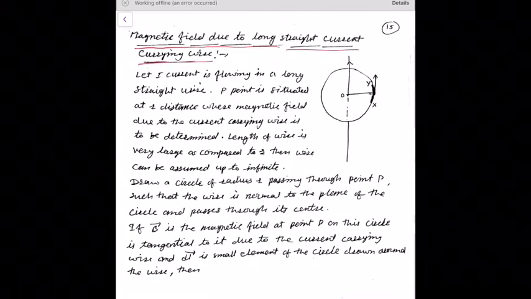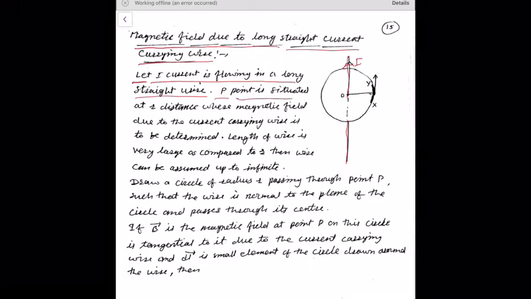Magnetic field due to a long straight current carrying wire. Let current I be flowing in a long straight wire. Here it is the long straight wire, with current I flowing in this wire.